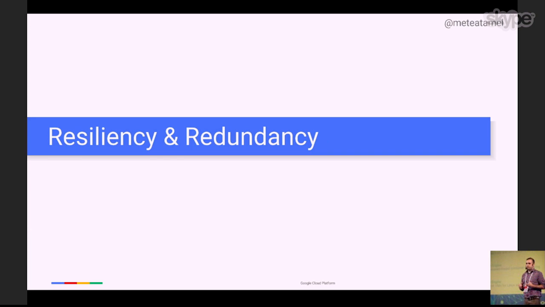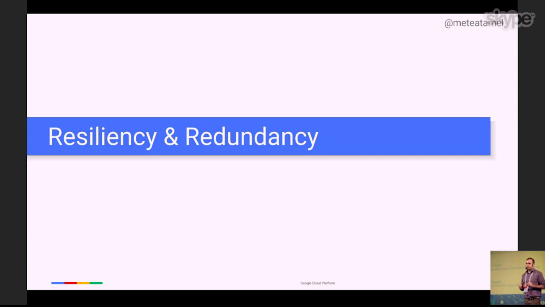But what's good about Kubernetes is that once your app is managed by Kubernetes, there are a lot of features that make your app more resilient, and it gives you a lot of different ways to make your app more redundant. So now in this part of the talk, I want to talk about some of these resilience and redundancy features of Kubernetes.